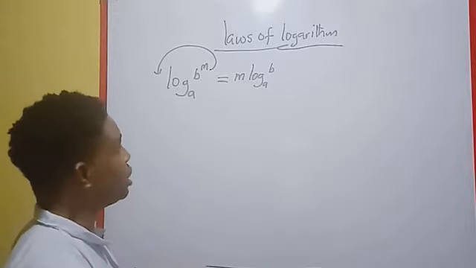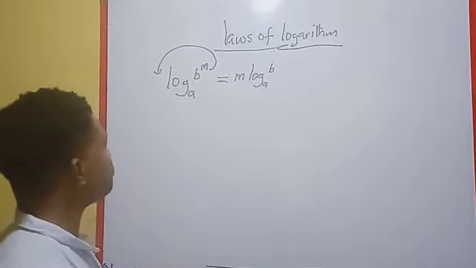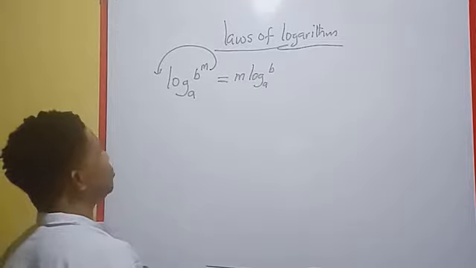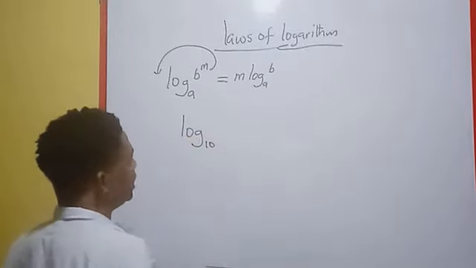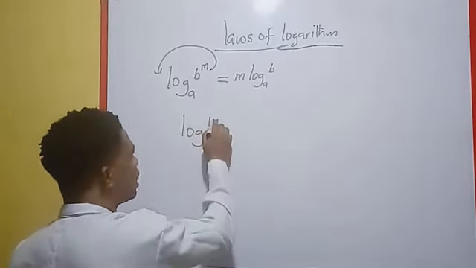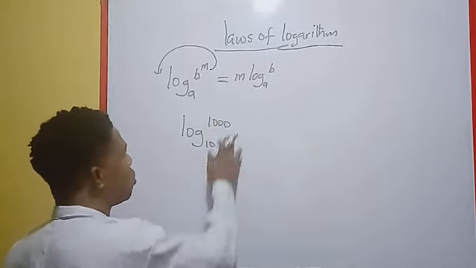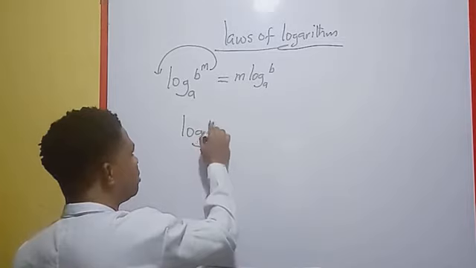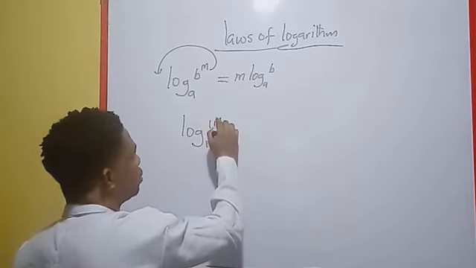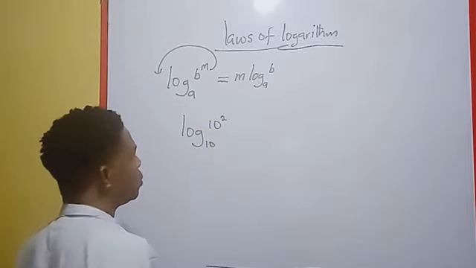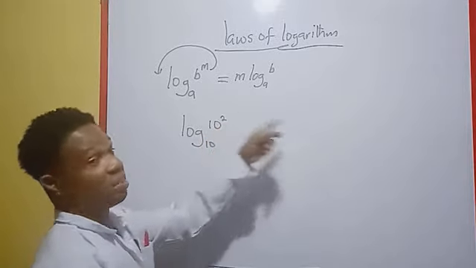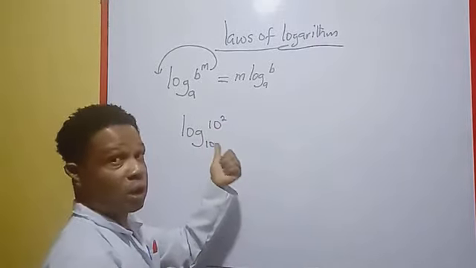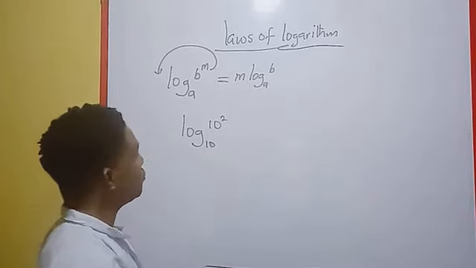For example, let me give you an example of what I'm doing now. I can decide to say that log to base 10 is equal to 1000. Or I can say 10 raised to power 2. Now you can see 10 raised to power 2 is 10 times 10, of course, if you have watched my video on the laws of indices.